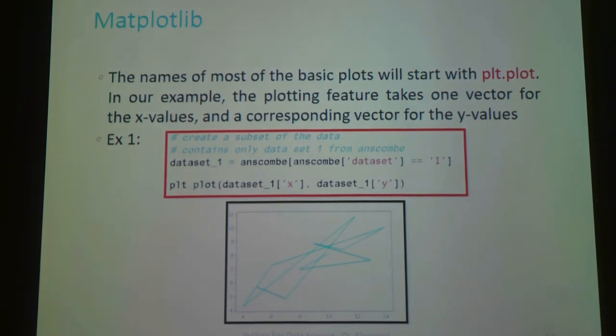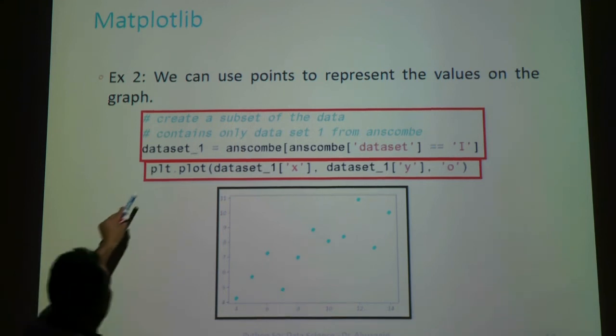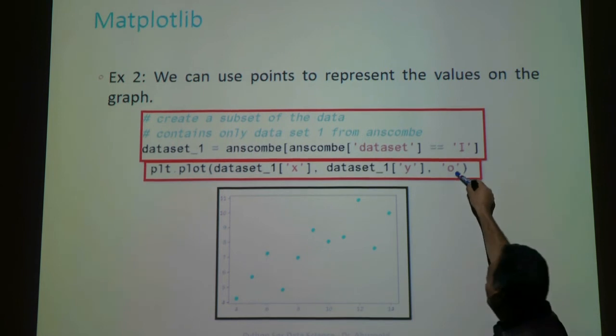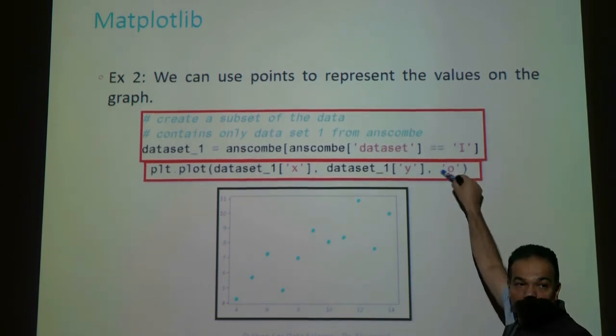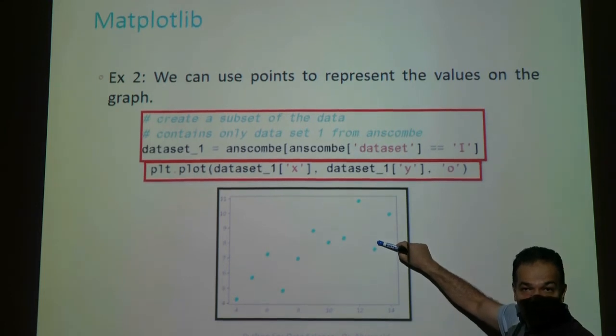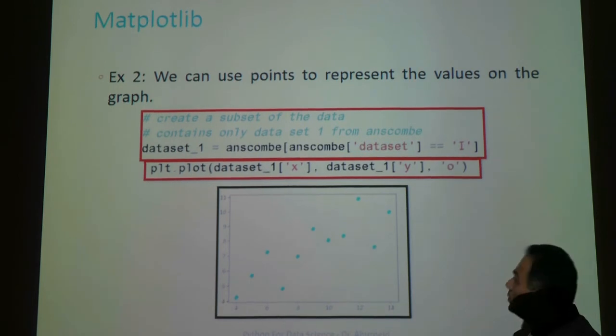If I don't want them to be connected by a line, very simple. I plot the x with the y, and here I don't need it to connect, I need to present it by a circle. So they are presented by a circle.